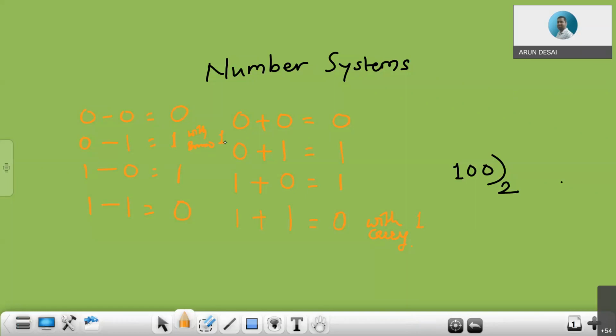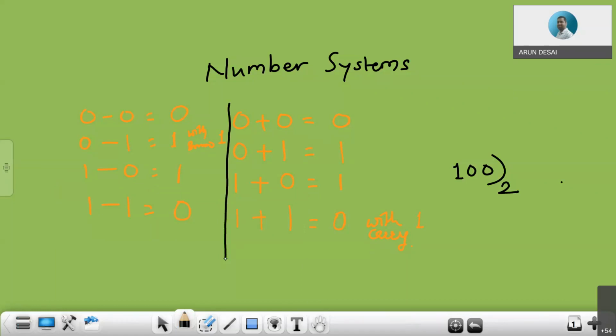So those are a few rules present for addition and subtraction, right? 0 plus 0 is 0, 0 plus 1 is 1, 1 plus 0 is 1, 1 plus 1 is 0 with carry. And in subtraction, all are there, but for 0 minus 1, the difference is 1 with borrow.